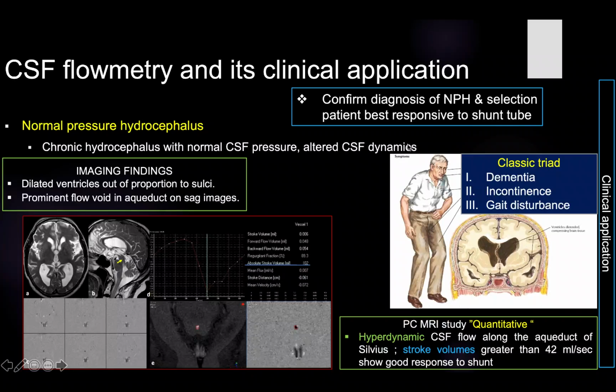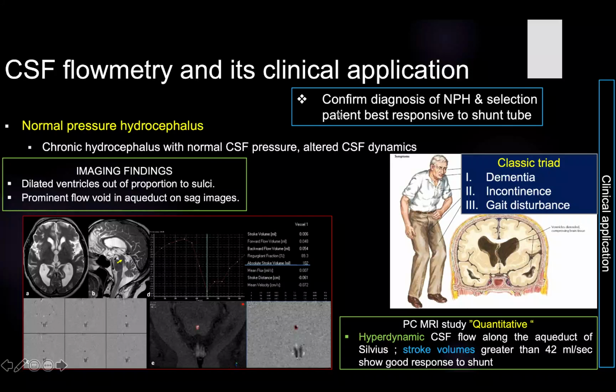And the patients who have the best response to the application of the shunt tube are those whose stroke volume in the CSF flowmetry is more than 42 milliliters per minute. So this is the application of CSF flowmetry in patients with normal pressure hydrocephalus.